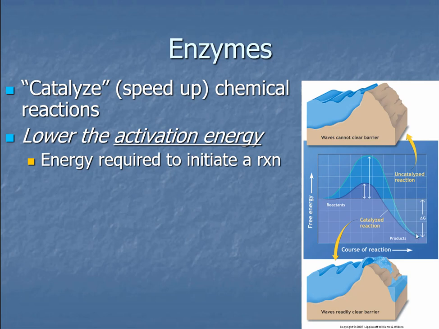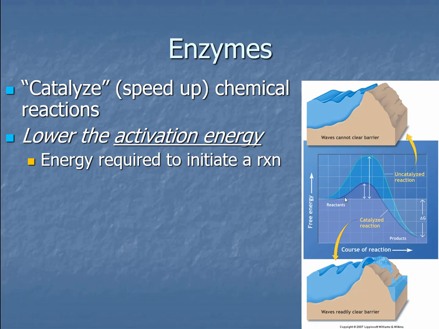So we know that as an exergonic reaction. But the important thing here is that you can see that for this reaction to proceed, you have to invest a little bit of energy to get it started. That energy invested to get it started is known as the activation energy.